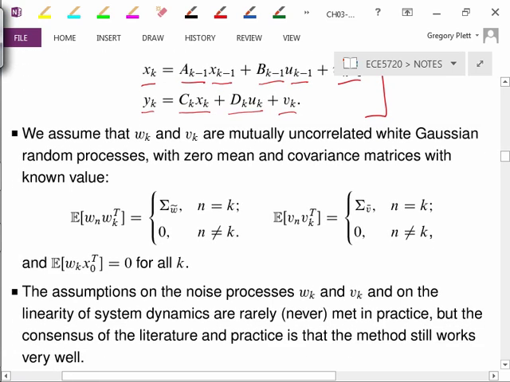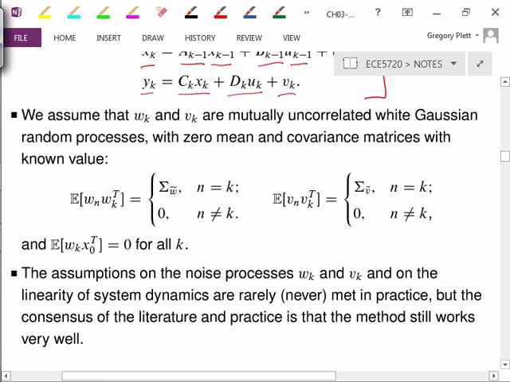We assume that the noises are mutually uncorrelated, so W is not correlated with V and vice versa. They're white noises, as we've talked about. They're Gaussian random processes. They've got zero mean, and they've got covariance matrices, which really talks about the size of the disturbance, how powerful the disturbance is, and these covariance matrices have known value.